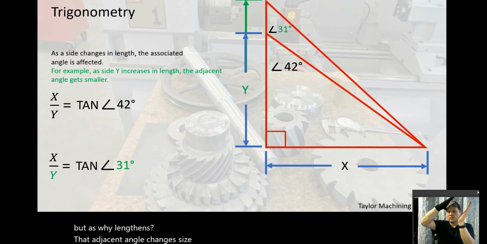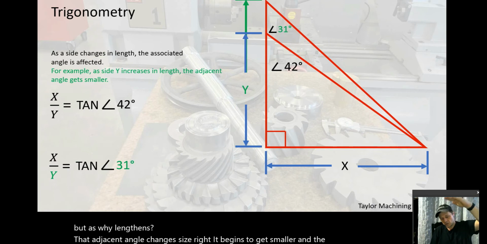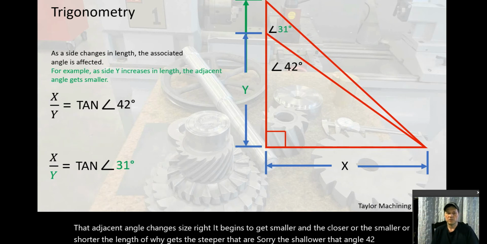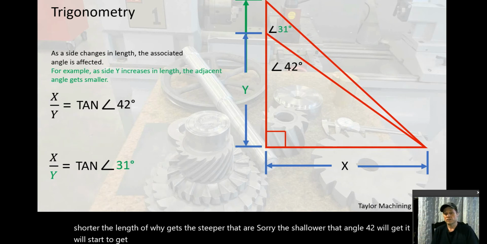It begins to get smaller. And the shorter the length of y gets, the shallower that angle 42 will get. It'll start to get larger and larger and larger until you get to your 180 degrees, if you can ever get there.